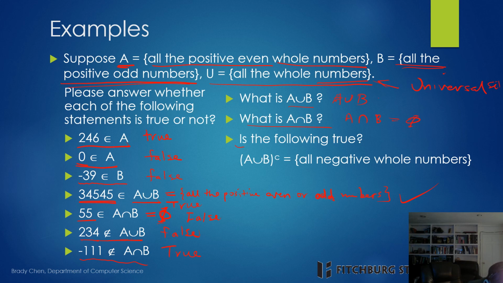So what about this? Is the following statement true? A union B to the C. So that's the complement of A union B. Now remember, the universal set is all the whole numbers. So A union B is all the positive odd or even numbers. Now what's the complement of A union B?